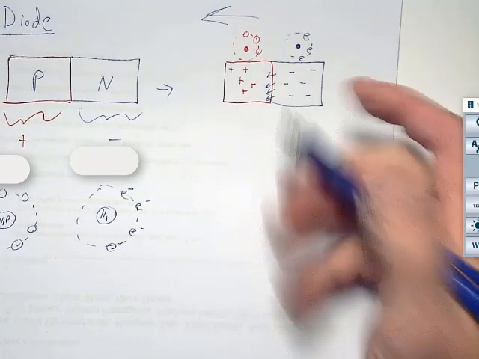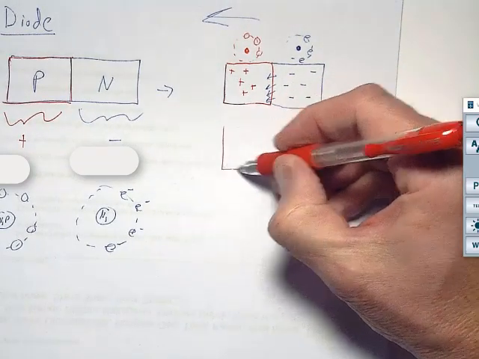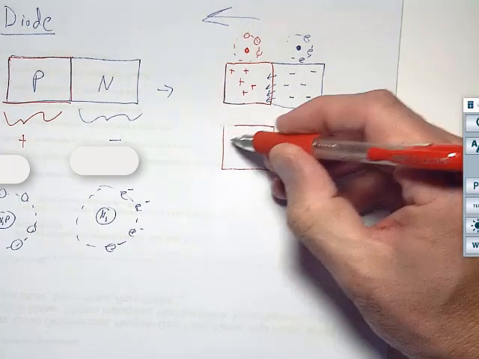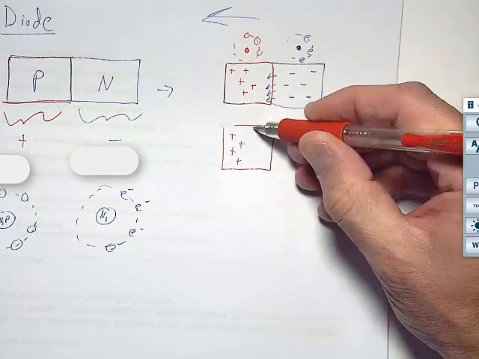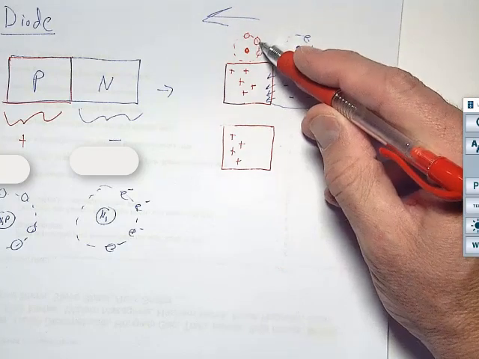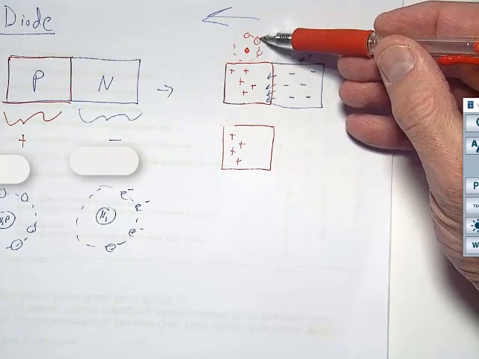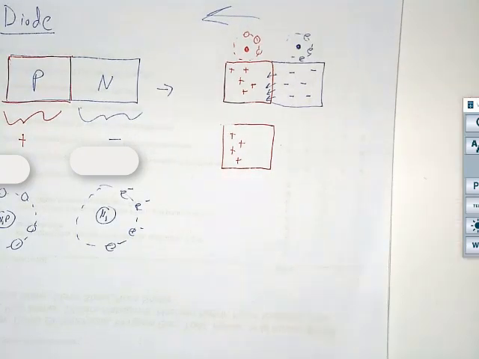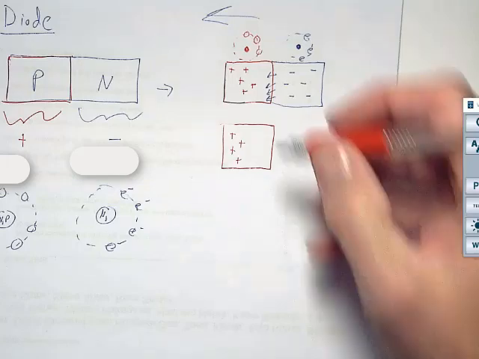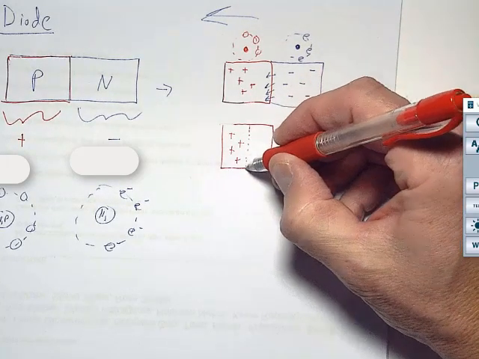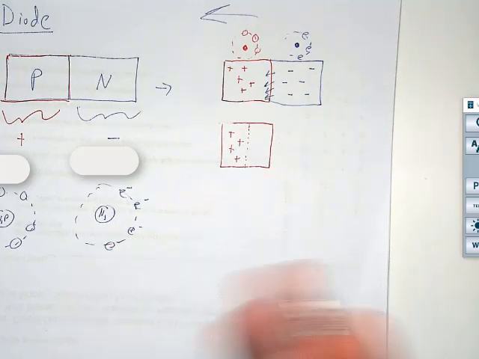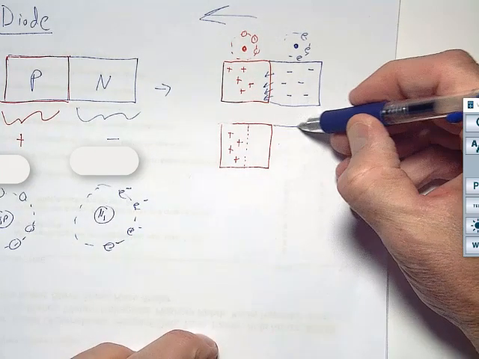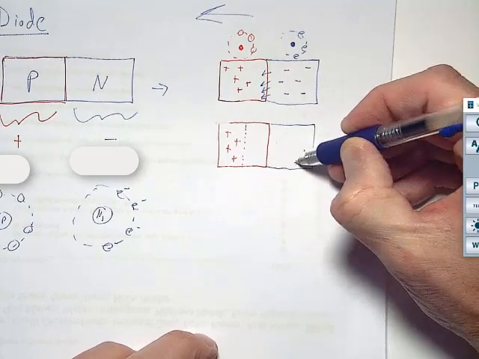If I drew this again, this material is sitting here, and it still has positive over here. These electrons are trickling into these little holes right here. And what happens once they fill up all those little holes? The ion goes away. It's now a satisfied atom. It doesn't have any charge anymore. So you have a region in here that is not positive or negative. Now think about this negative side, where you still have the negatives over here.